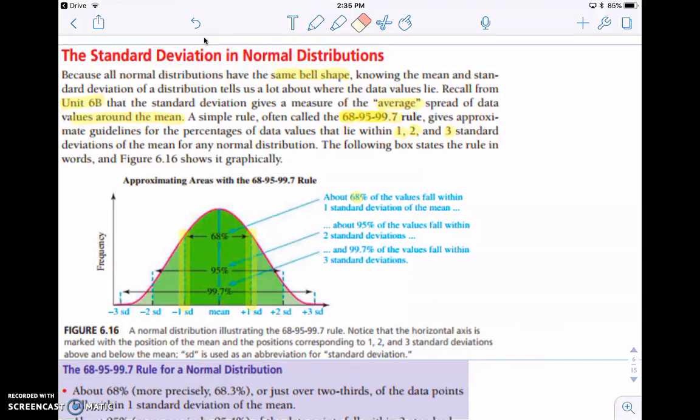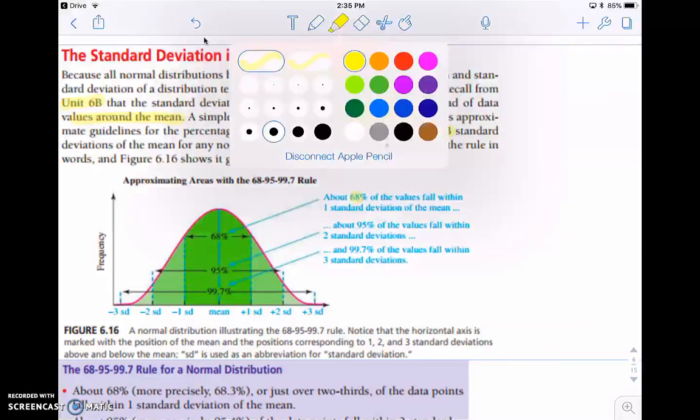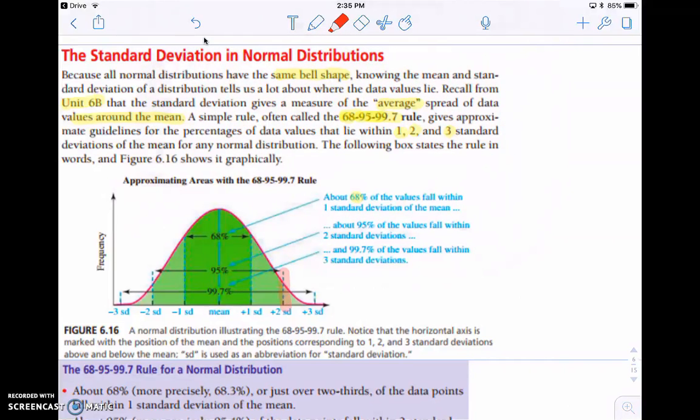Now if we step outside of that realm and we go 2 standard deviations out, along that x-axis there's 2 standard deviations and then -2 standard deviations. That just means above and below. Notice 95%. So if we think of this as area under the curve, 95% of the data is going to fall within 2 standard deviations above and below the mean. So almost all of our data is within 2 standard deviations, with the exception of about 5%.